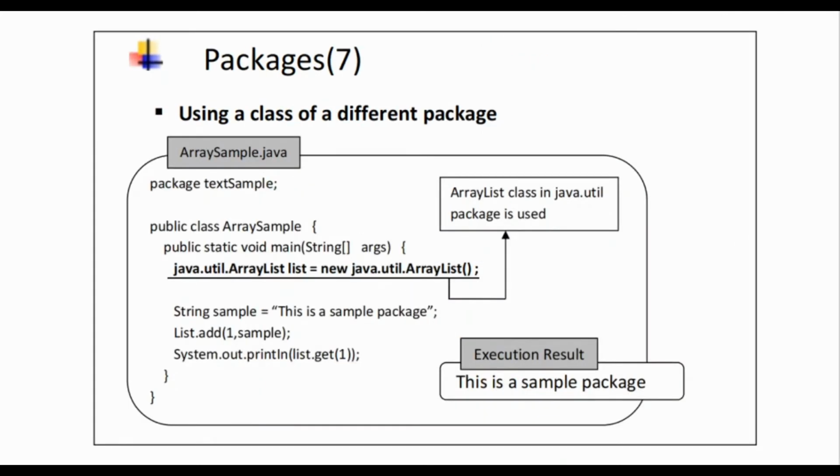So as mentioned earlier, when another class like this one, ArraySample, this is the caller class, calls a different Java class that is stored in a different package, then you have to access that Java class using its fully qualified name.